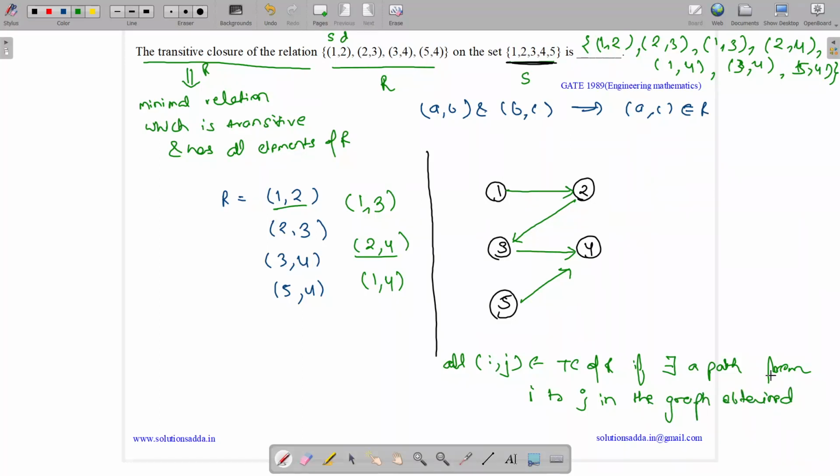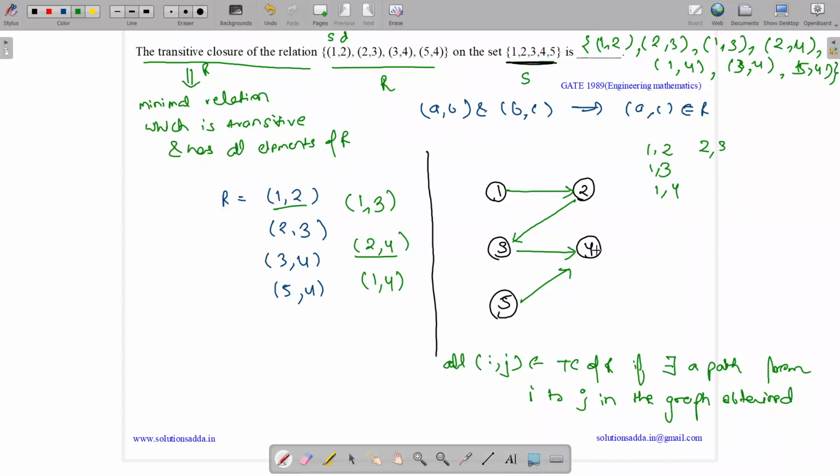So let us see. 1 to 2, is there a path? Yes. 1 to 3, is there a path? Yes, through 2. So 1 to 3 belongs to the relation. 1 to 4, is there a path? Yes. 1, 2, 3, 4. 1 to 5, is there a path? No. 1, 2, 3, 4, but we can't come to 5. 2 to 3, is there a path? Yes, direct edge is there. 2 to 4, yes.